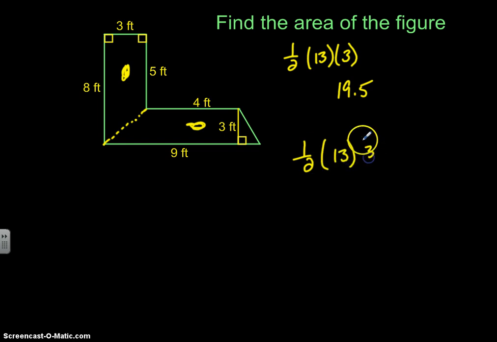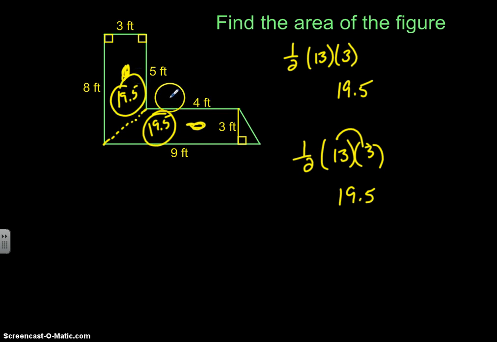Height is 3. Well, we have this thing looking like the thing we just had. 1/2 times 39 is 19.5. Well, if this is 19.5, and this is 19.5, if I add these together, I get the total area of the whole thing. That is 39 feet squared. And we're done.